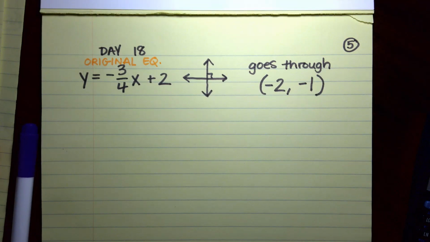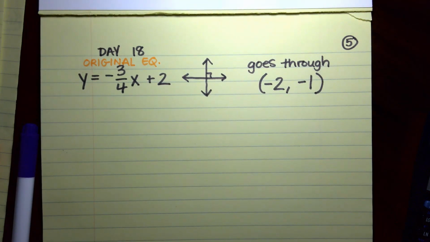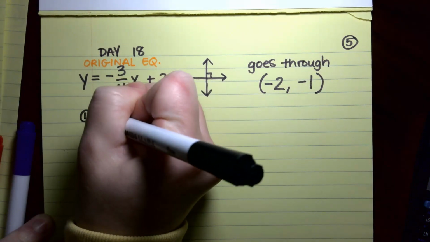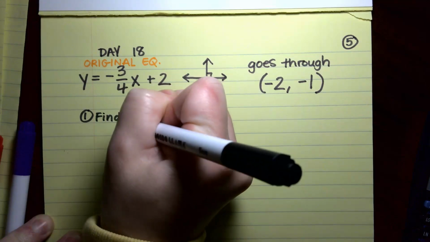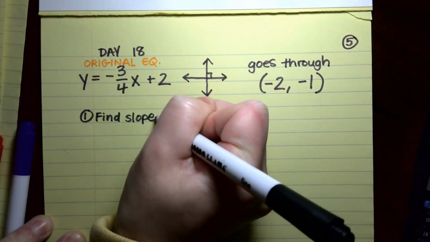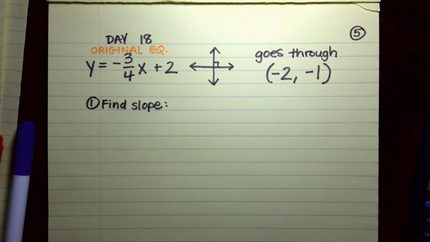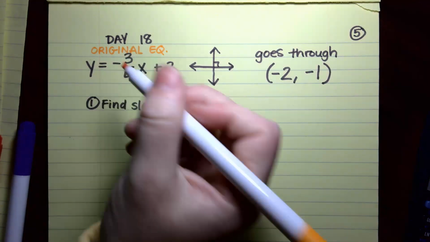Okay. So, our new line. What are our steps for writing the equation of a line, just in general? What's the first step always? Find m. Find our slope. What's our original slope? Negative 3/4.